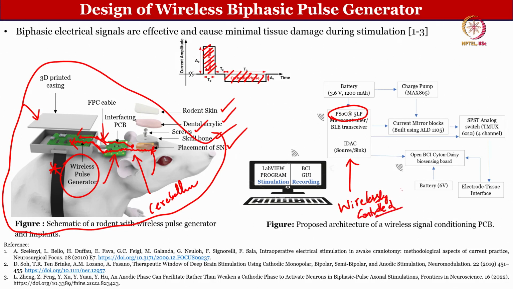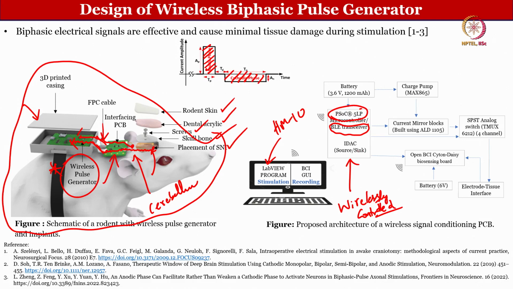The PSOC microcontroller as such does not have wireless capability, but when it is integrated with BLE modules like HM10, you can communicate with the PSOC 5 microcontroller by using LabVIEW, right.